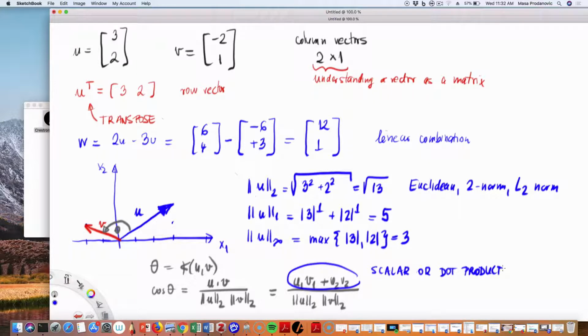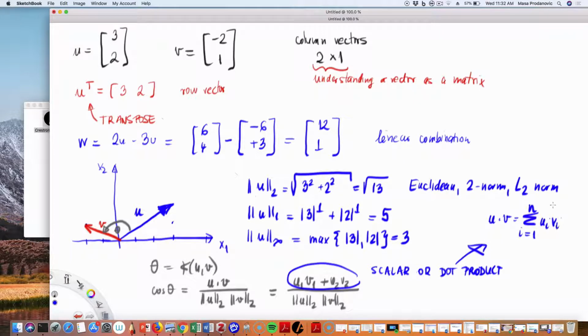And in the most general case, it's simply for two vectors. I'm going to do a general formula here if I had more dimensions. My formula, u dot v, is the sum, this is my sigma sum, over all of the dimensions, if I had n of them, of u_i v_i.